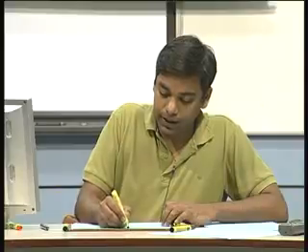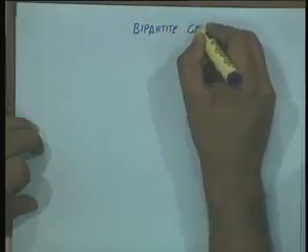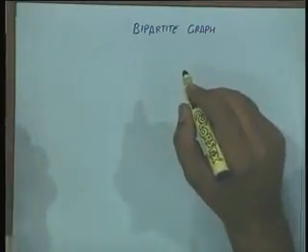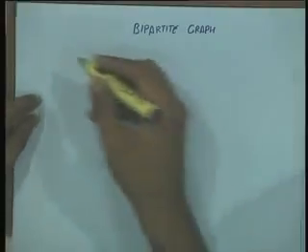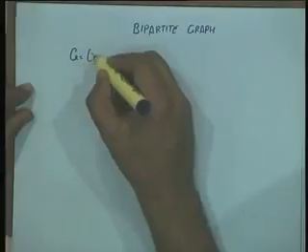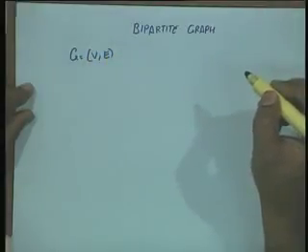Great. So the next application we are going to look at is for what is called bipartite graphs. Okay, first let me define for you what a bipartite graph is. So we are given a graph G. So recall, a graph is given by a set of vertices and a set of edges.